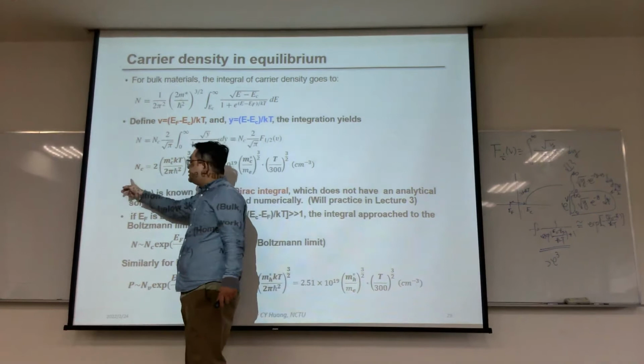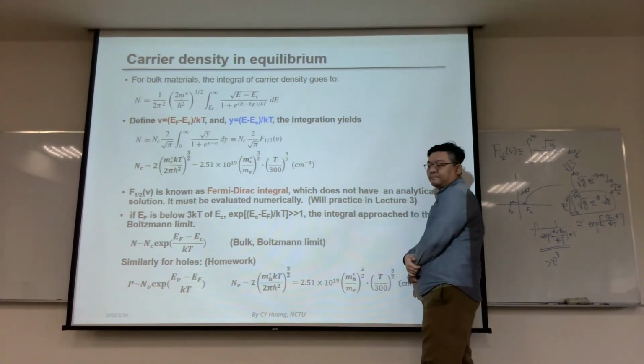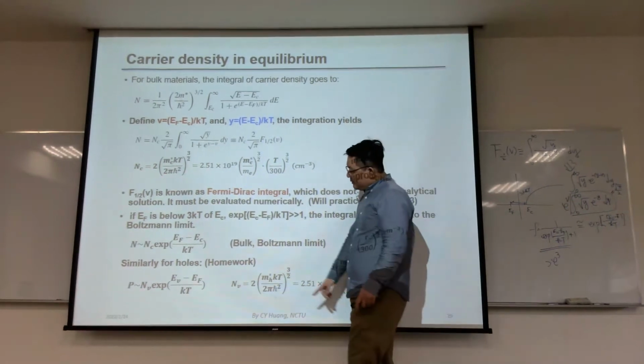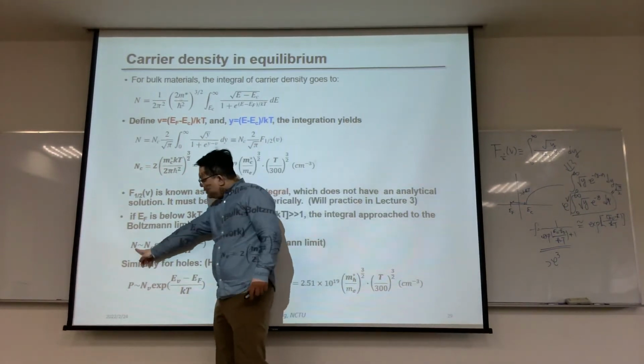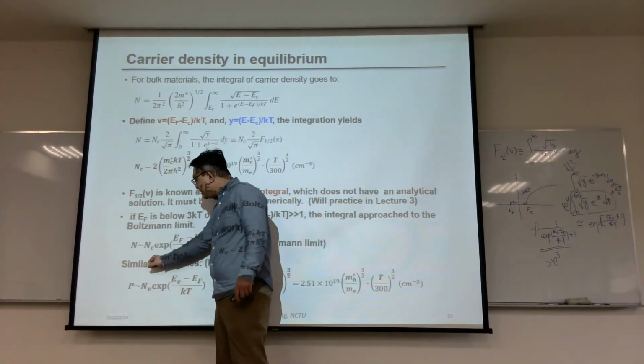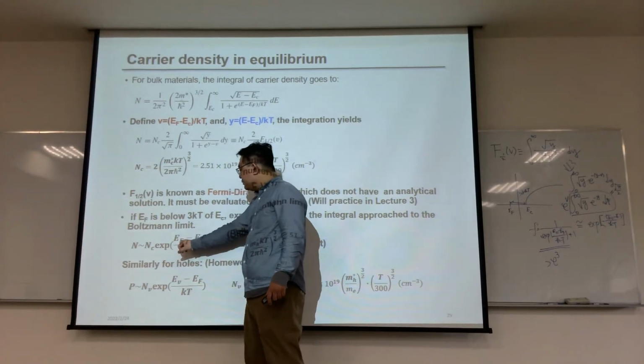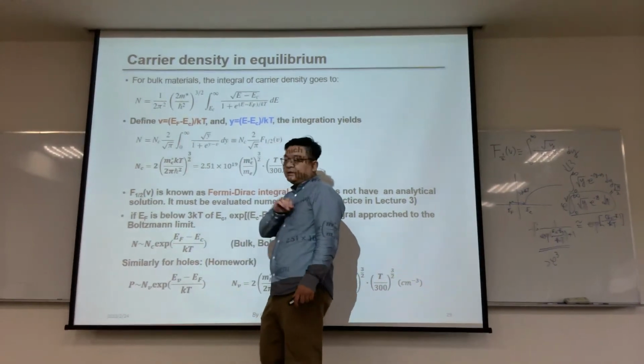This constant is called the effective density of states. Then N can be approximated as the effective density of states times exponential of EF minus EC.